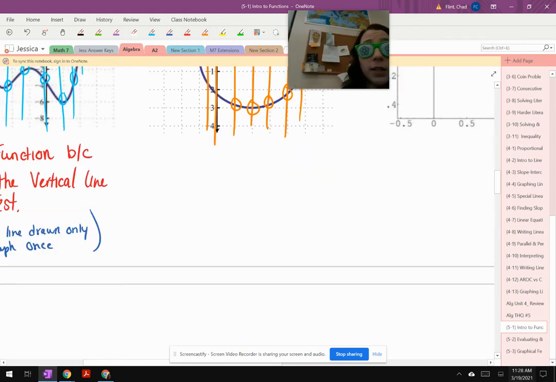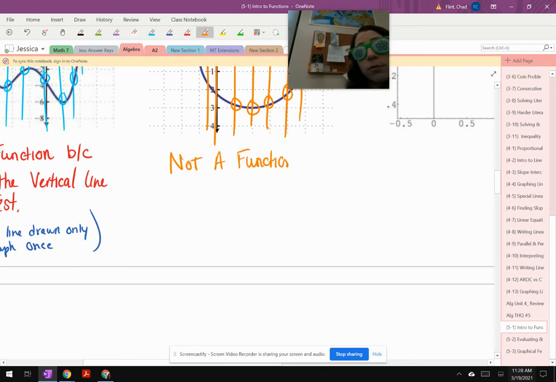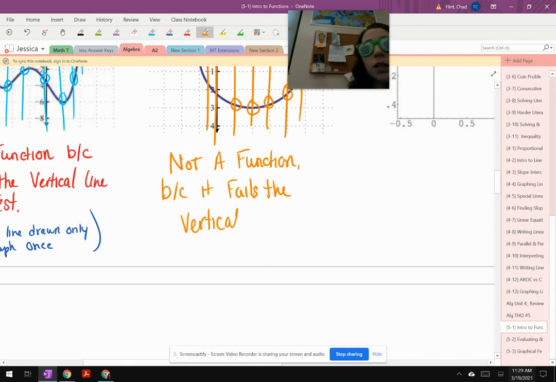So, leading us to conclude that no, this is not a function, or we can just say not a function. We don't have to say no. It wasn't asking us a yes or no question. Not a function because it fails the vertical line test.